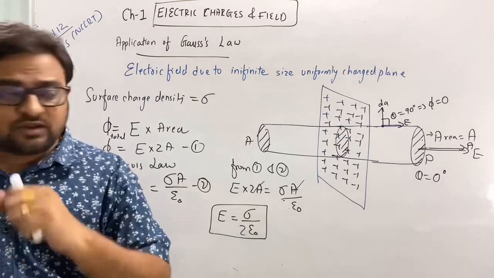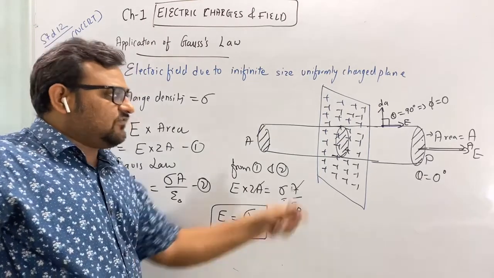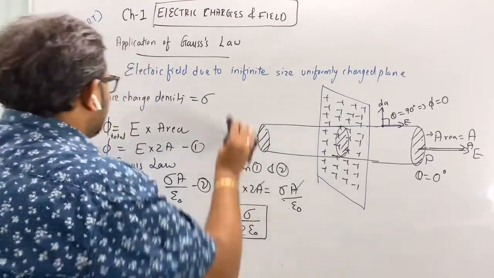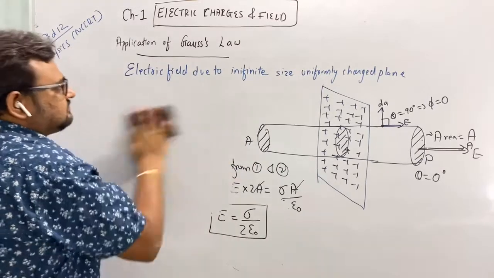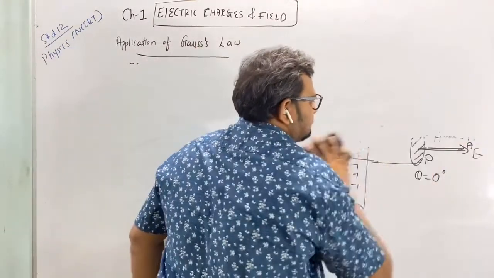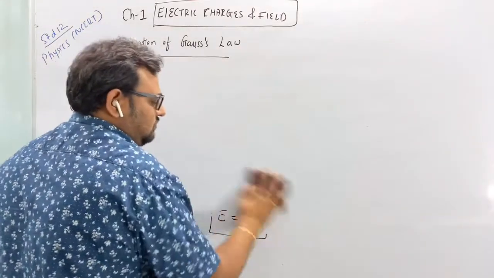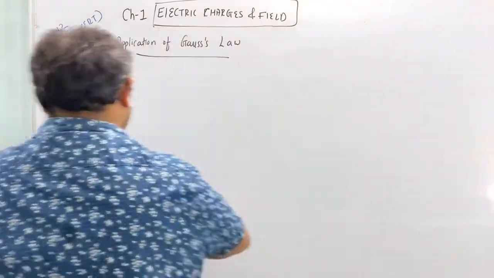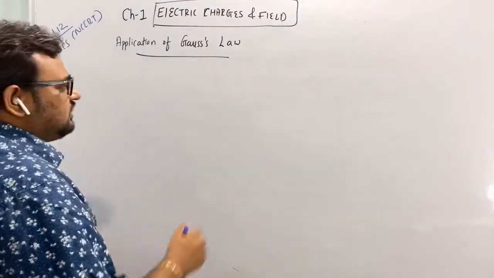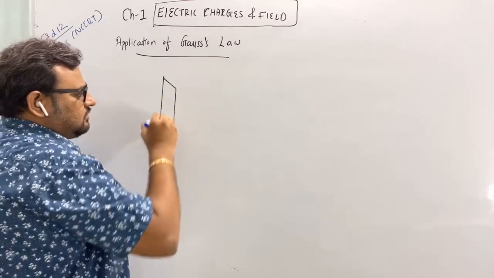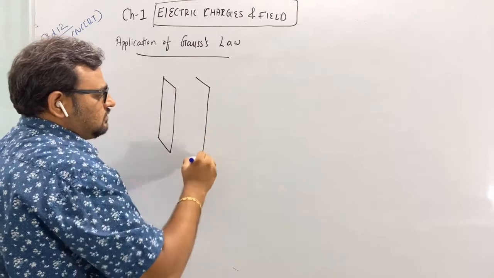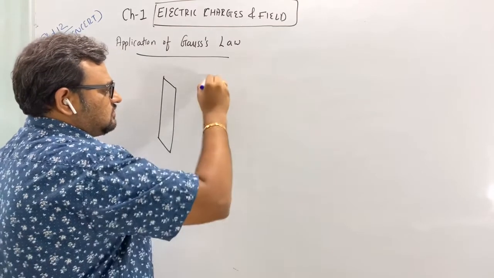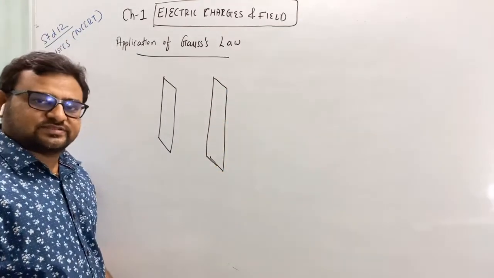Now, as we have derived the electric field due to an infinite size plane, that is sigma by 2 epsilon 0, now we are taking various cases. We are taking two plates.